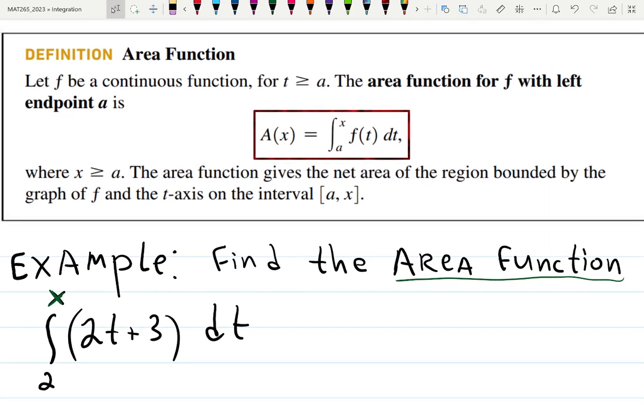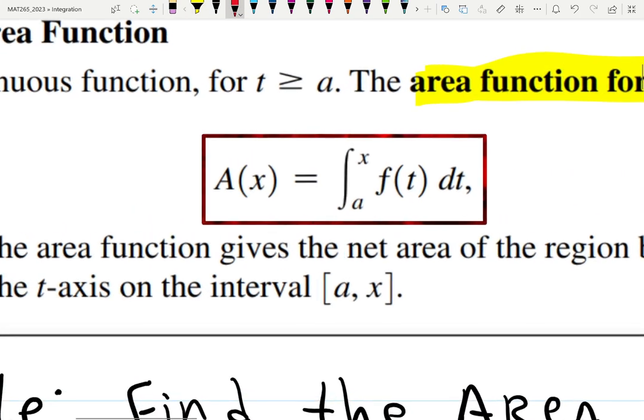If f is continuous, then the area function, which means it depends on something, of f with the left endpoint being fixed, is A of x, the integral from a to x of f(t) dt. And you see they're choosing t instead of x. That doesn't matter. t in this case is a dummy variable.